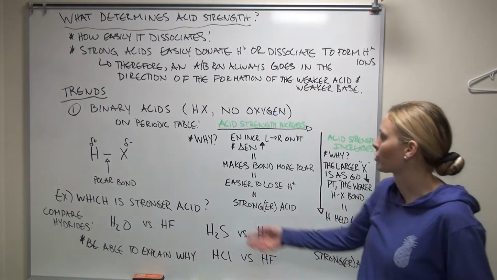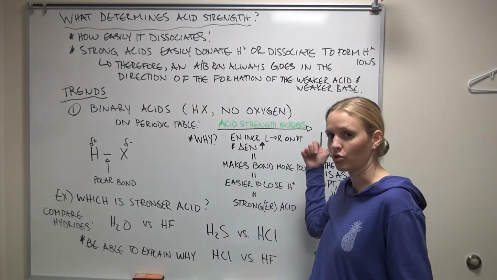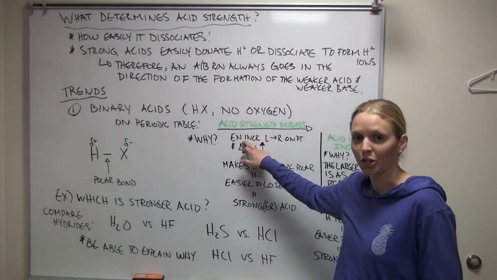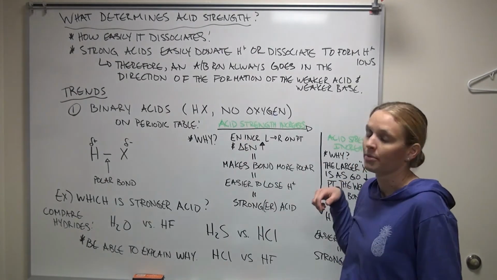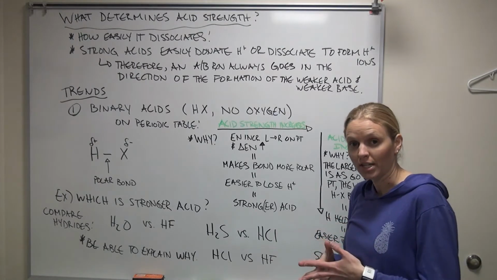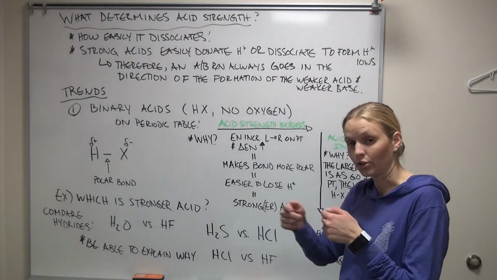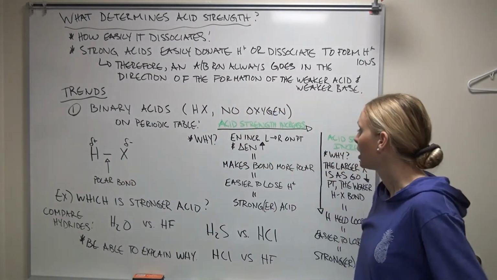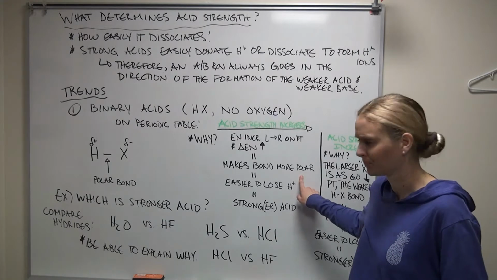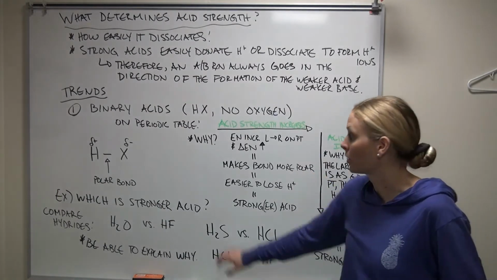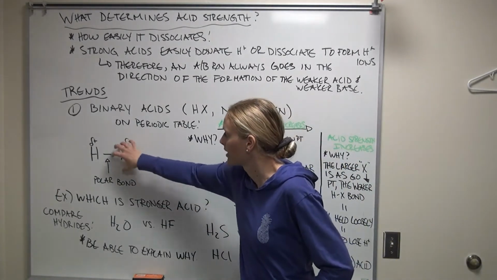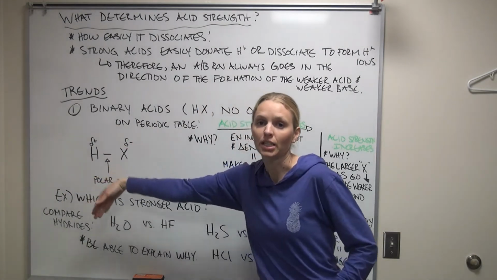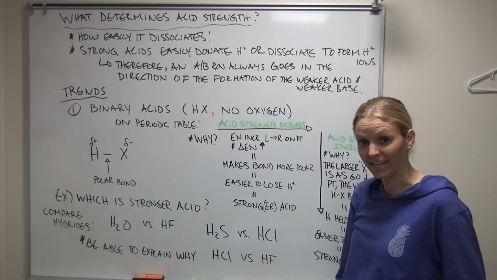And we want to ask the question, why? Why does it increase as you go to the right on the periodic table? The reason is because we have an increase in electronegativity. So as we go to the right, the electronegativity increases, therefore the difference in electronegativity between the two atoms in that bond will also increase, and it makes the bond more polar. When the bond is more polar, that means the electrons are more heavily residing on the atom that is more electronegative, so that hydrogen can easily be taken away by a base.